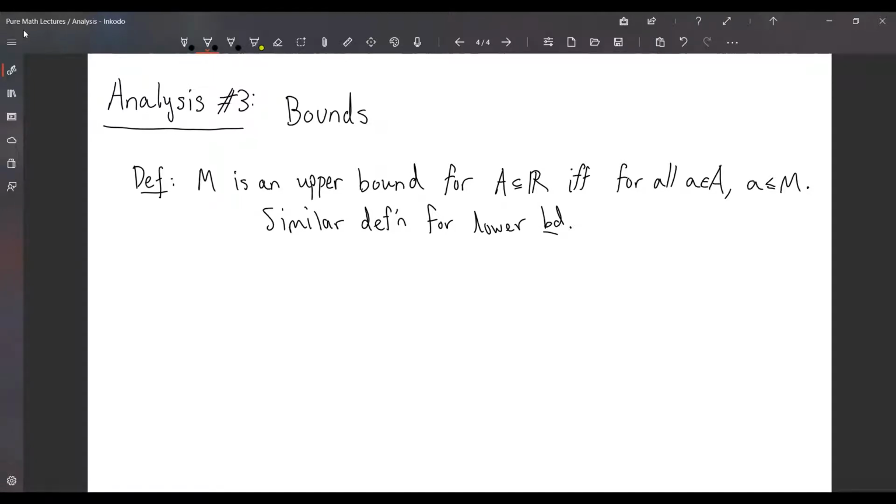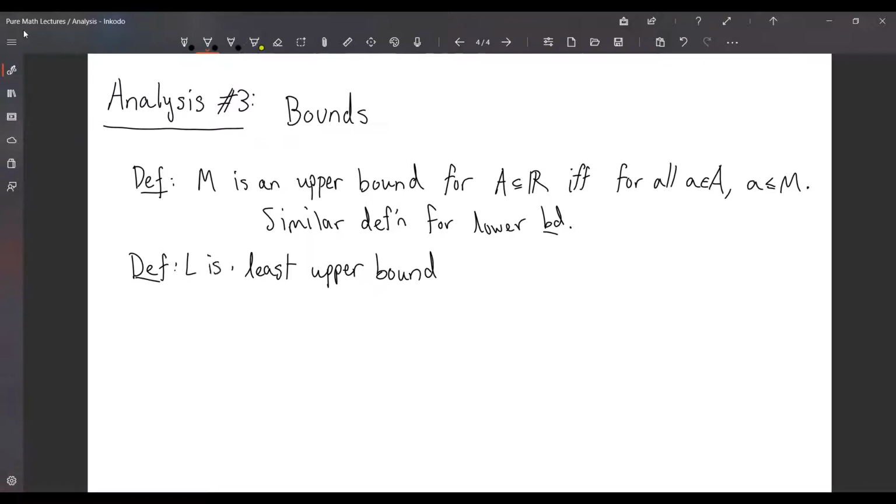Now what we're going to do is define what's called a least upper bound. So let me rewrite this.